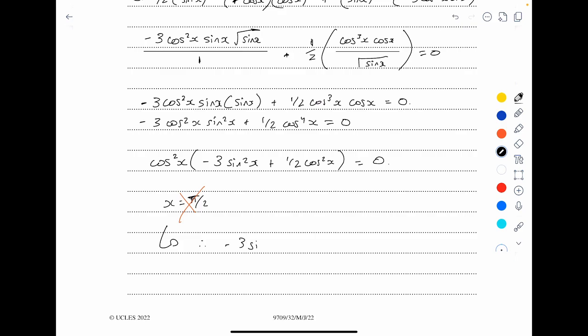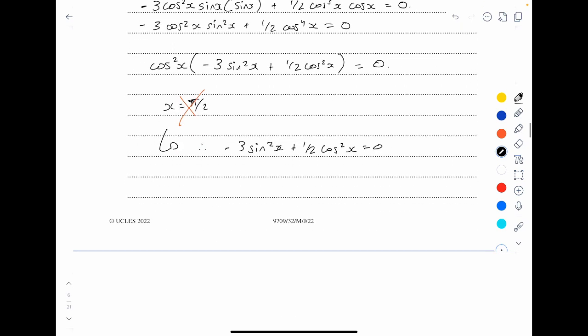But if I set negative 3 sine squared x plus a half cos squared x equal to 0, I've got room to maneuver. Because what I can say is negative 3 sine squared x plus a half, 1 minus sine squared x, and I've done this right here because cos squared x from an identity can equal 1 minus sine squared x.